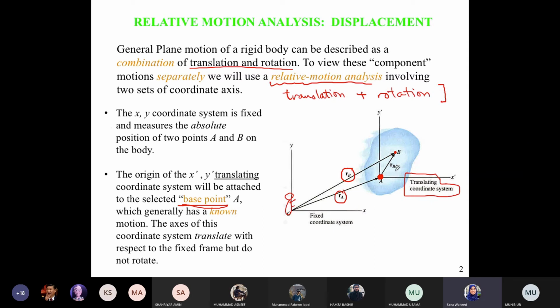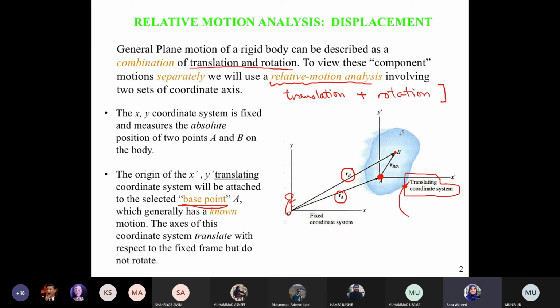But one extremely important thing to note is that this moving frame of reference is only translating. It is not going to rotate. So if you notice, the x prime and y prime directions are parallel to the x and y directions.